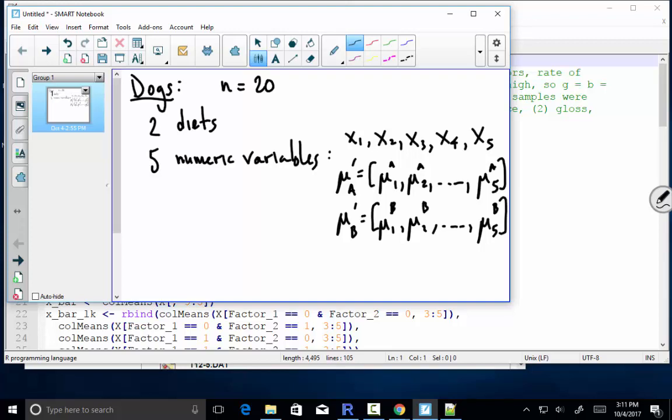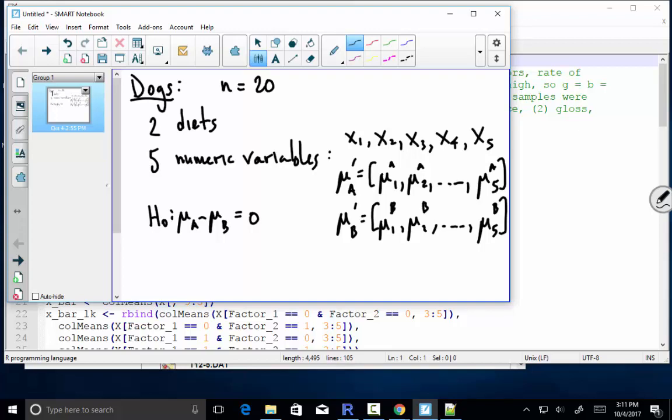What we're doing for sure is testing the null hypothesis that these two means are the same. That's the 0 vector, 5 elements in that vector.